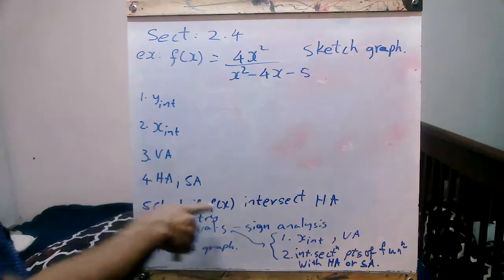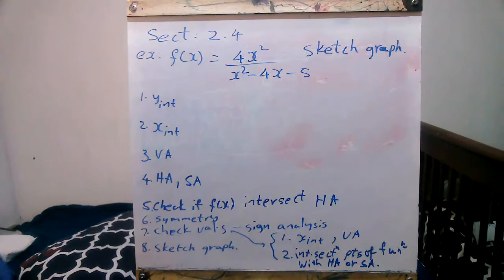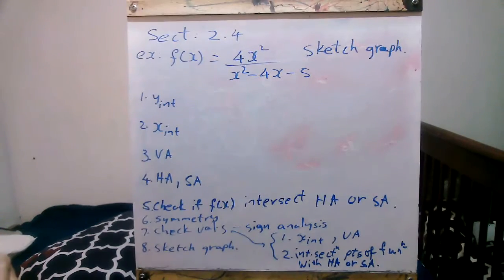Check if f(x) intersects the horizontal asymptote or slant asymptote too. We discussed that a function could never intersect a vertical asymptote. But it could intersect horizontal asymptotes or slanted asymptotes.